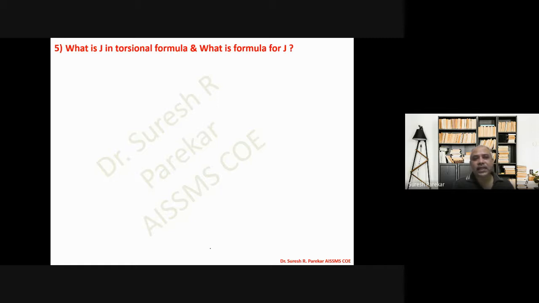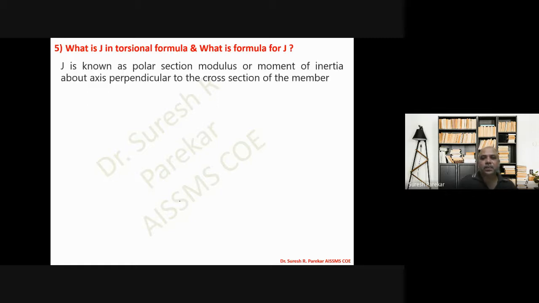Then what is J in the torsional formula, and what is the formula for J? J is known as polar section modulus when we take J by R, and J itself is the moment of inertia about the axis perpendicular to the cross section of the member.